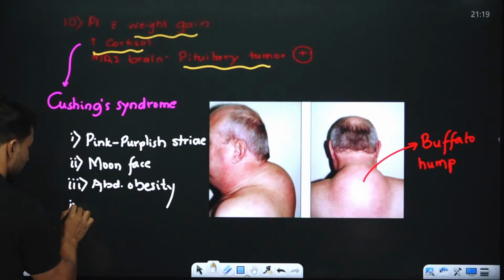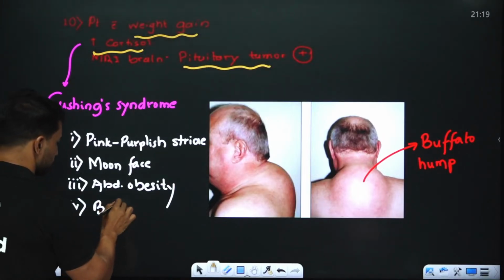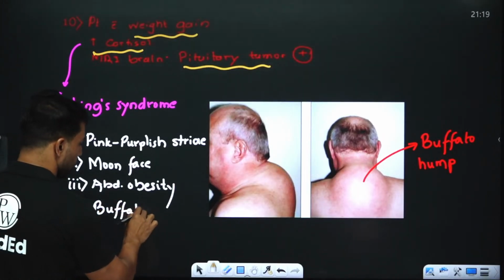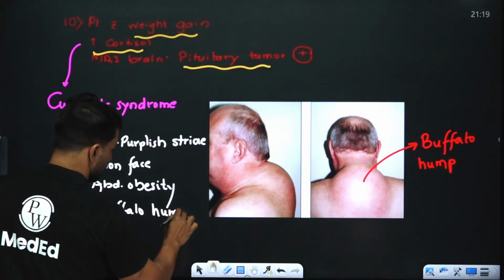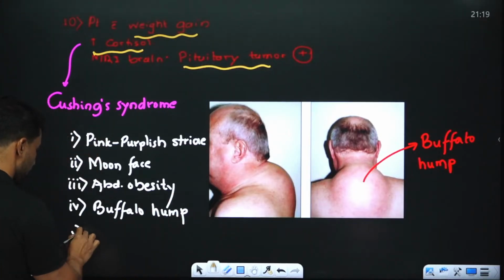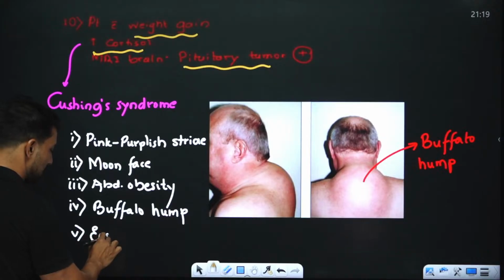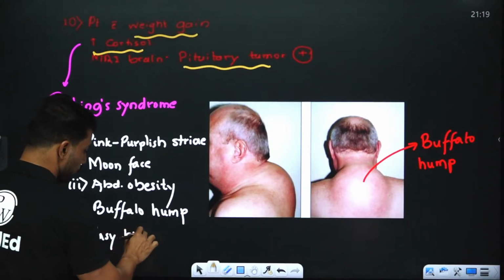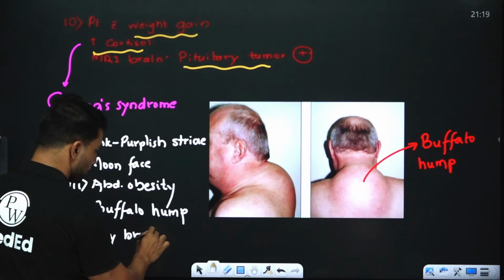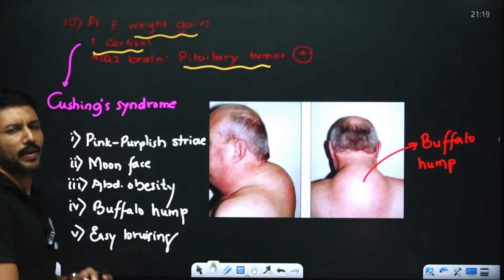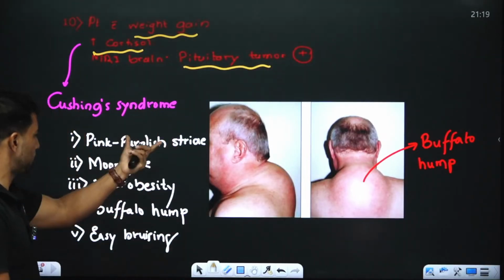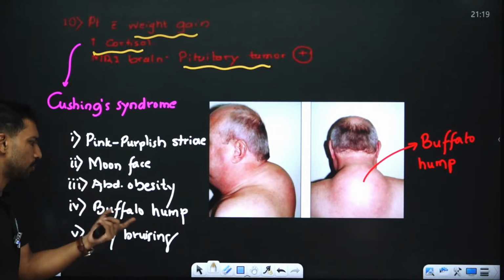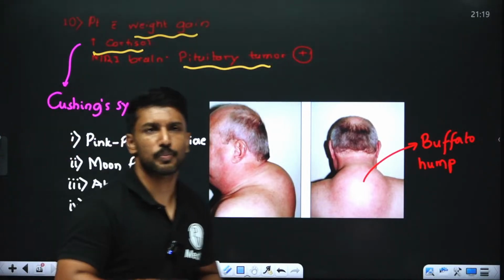The fourth one is buffalo hump. The fifth one is easy bruising. So minor trauma, they bruise. Easy bruising. Why is all of this happening? Purplish striae, moon face, abdominal obesity, buffalo hump, all in case of patients with high cortisol.